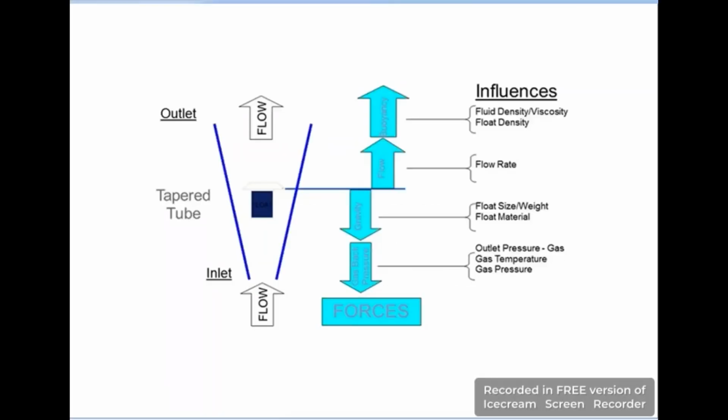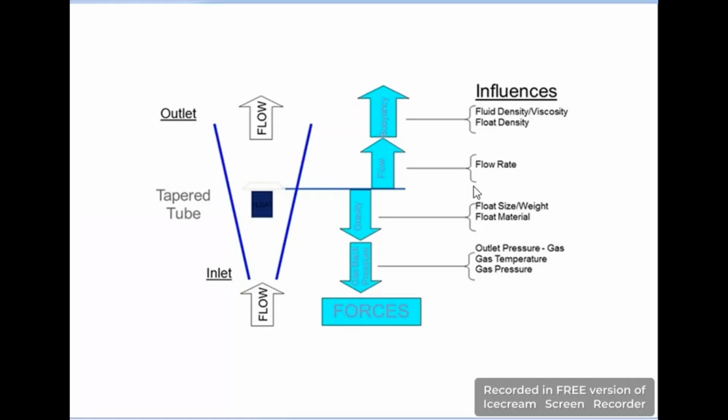In this diagram I will tell you those factors which influence the rotameter. The first one is fluid density, fluid viscosity, and also float density may be included.